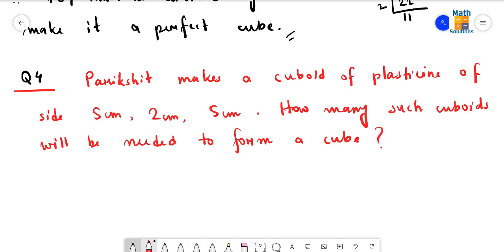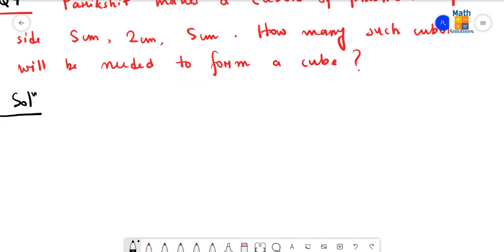So coming to the solution part, what is given here? The measurements are given to be 5, 2 and 5. So we find that these are not in form of triplets. So to make it cube, one more 5 will be required and 2 more 2's will be needed. So I shall write here, given numbers are 5, 2 and 5.